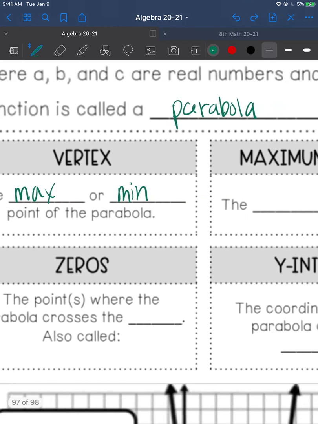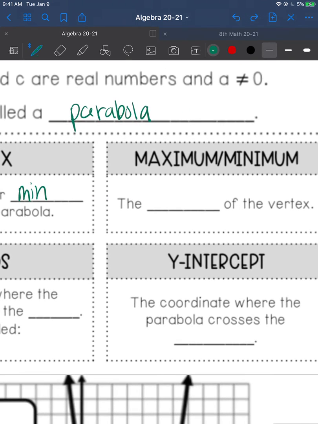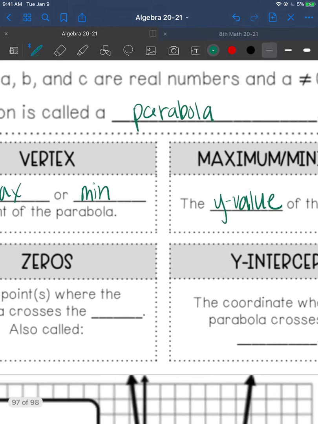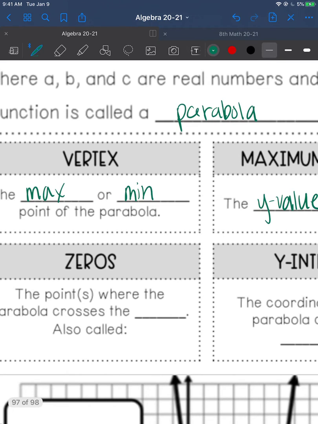The maximum is the y value of the vertex. So if they're asking you what is the max of this parabola, it would just be the y value, because it's going up and down.